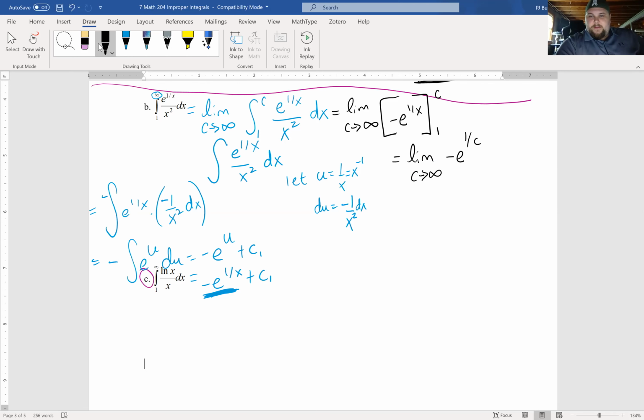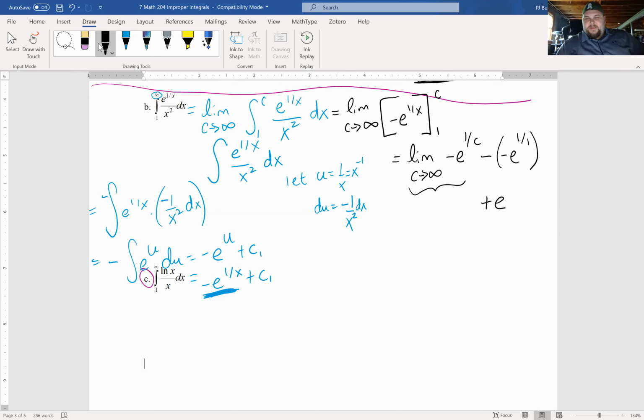So this would be minus a negative e to the 1 over 1. So the second part's really easy. That's plus e. The question is, what happens to this limit?